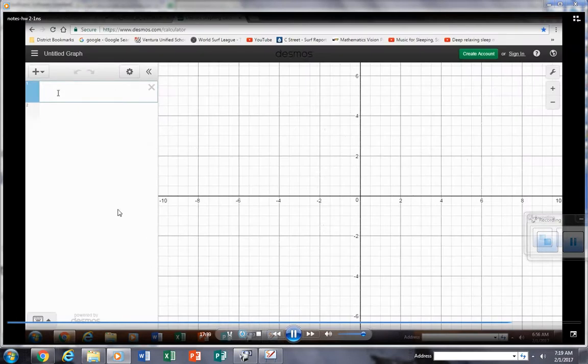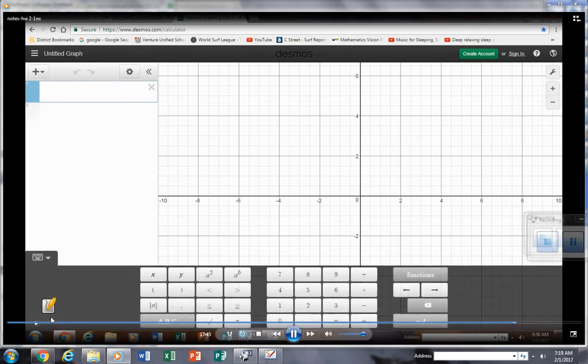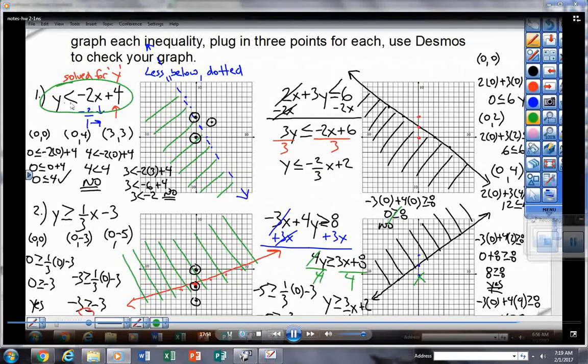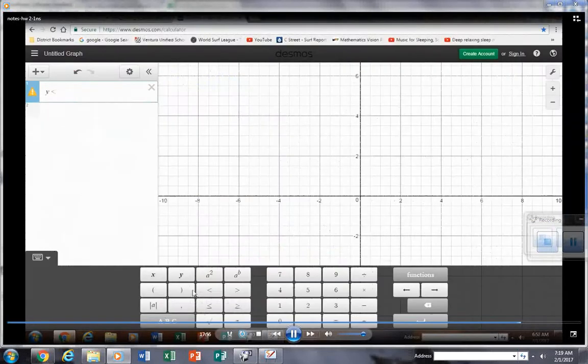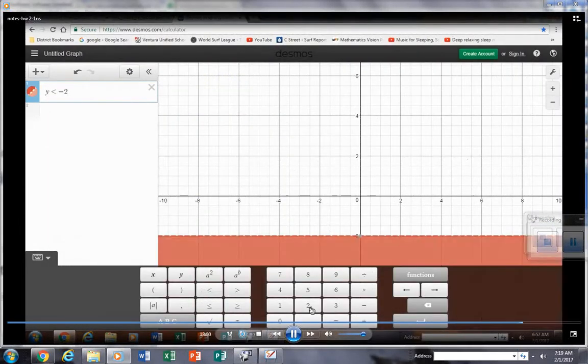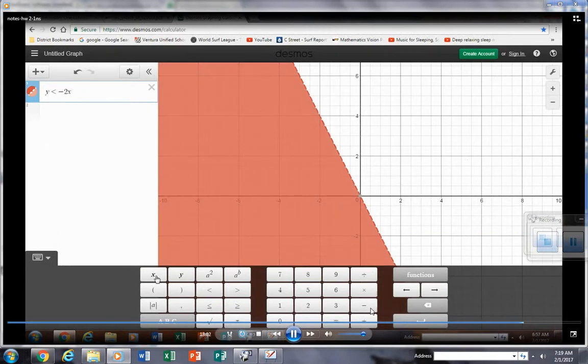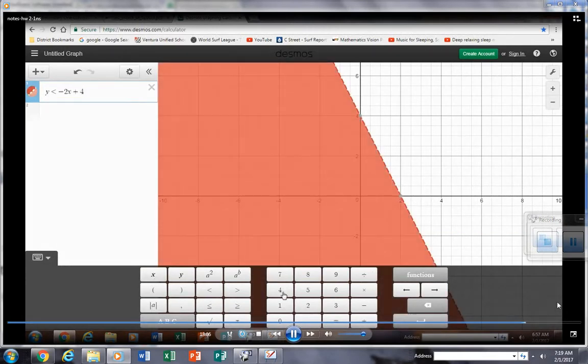So to get my keyboard, I click down here, and I will get that going. So there it is. So you type it in exactly. You got your x, y, you got your inequalities, you got your numbers, you got your plus. So y less than negative 2x plus 4.